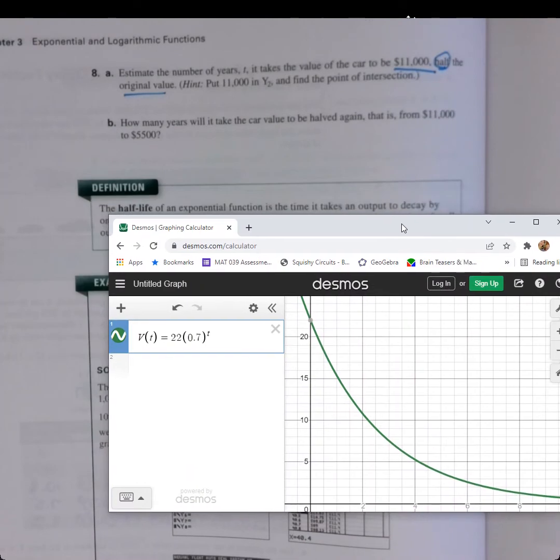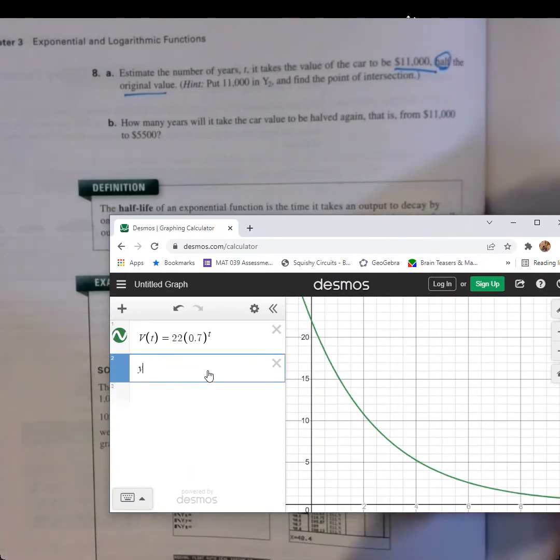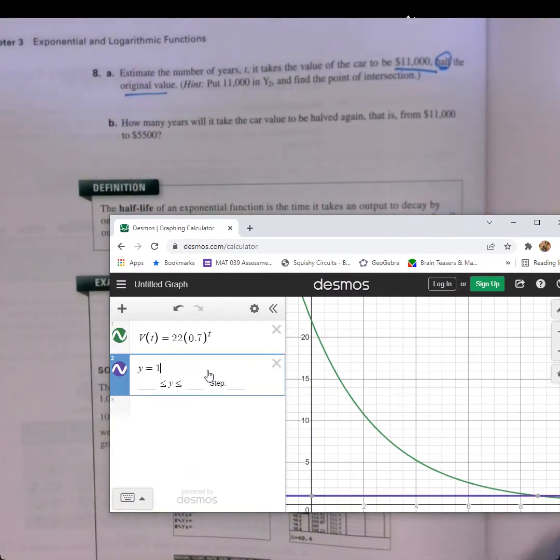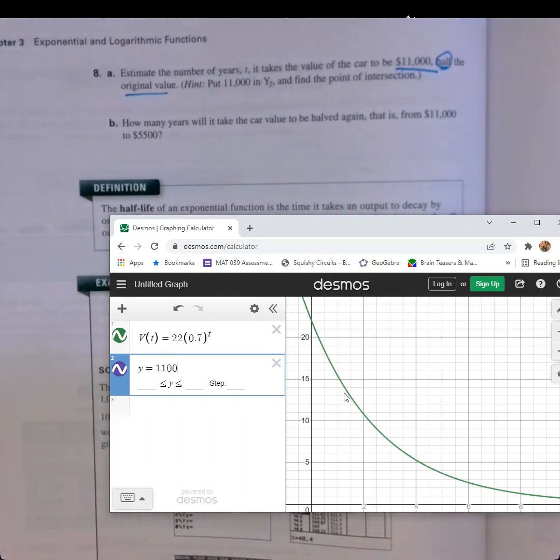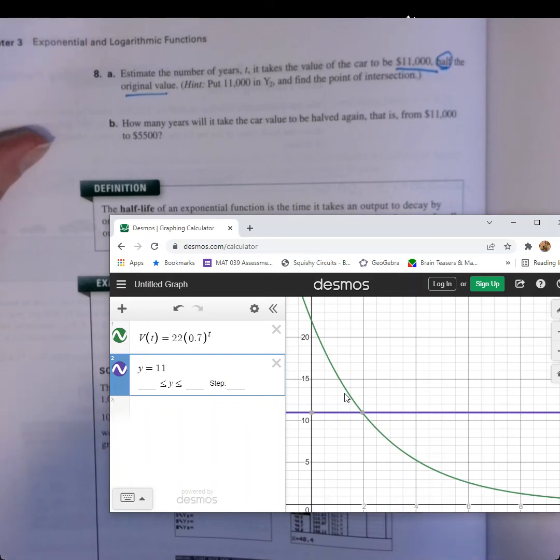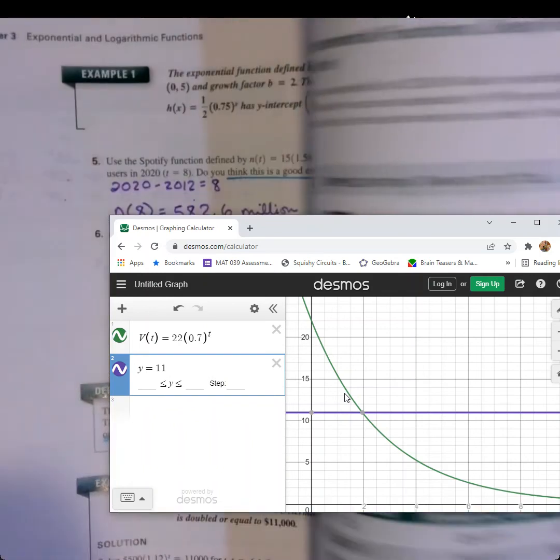It's an output value, so we're going to graph y equals 11,000. Sorry, y equals 11 because my units on this are in thousands.